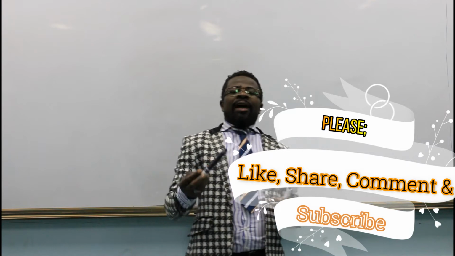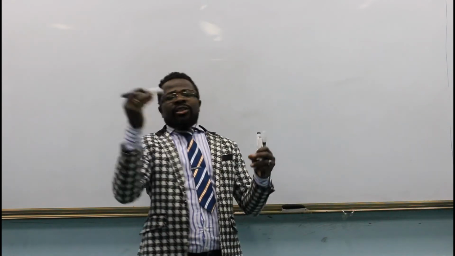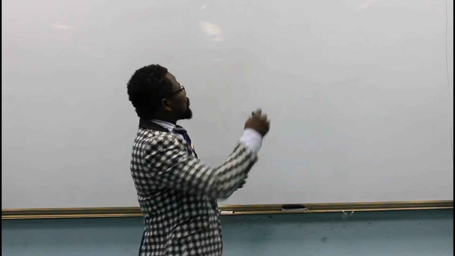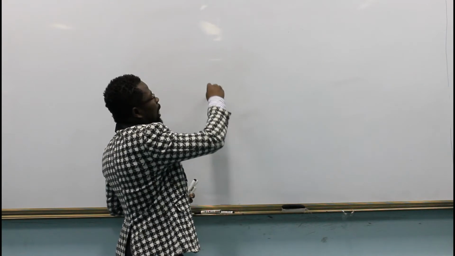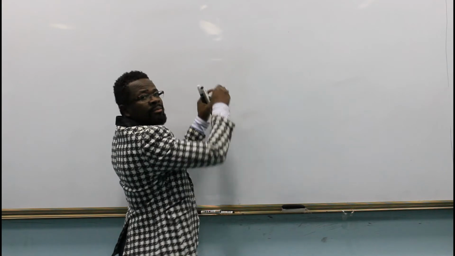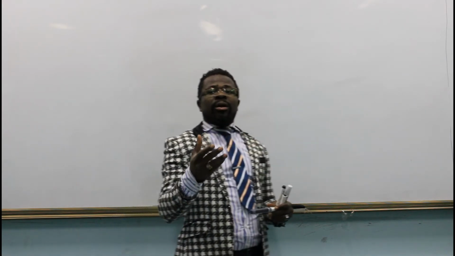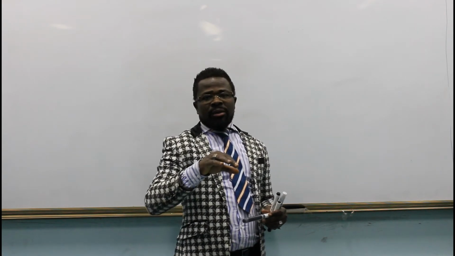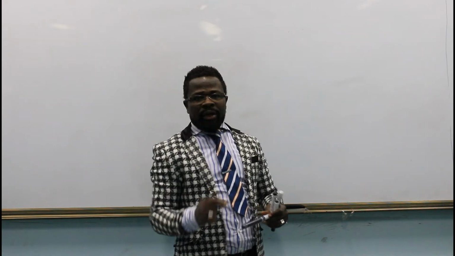Now, if I have an object, say this object, and I'm trying to rotate it at a fixed point, then we can find the torque at that particular fixed point.